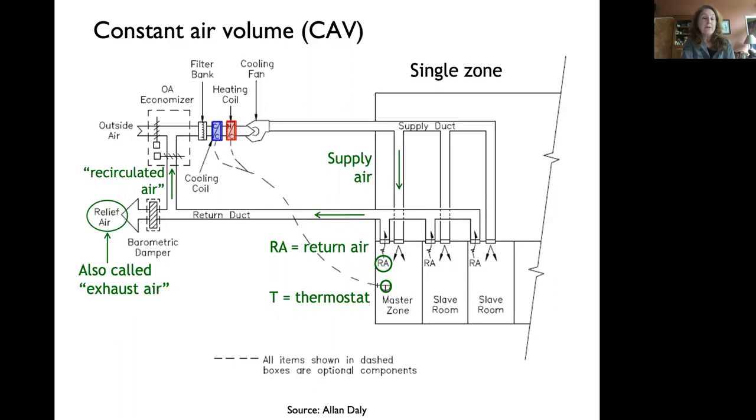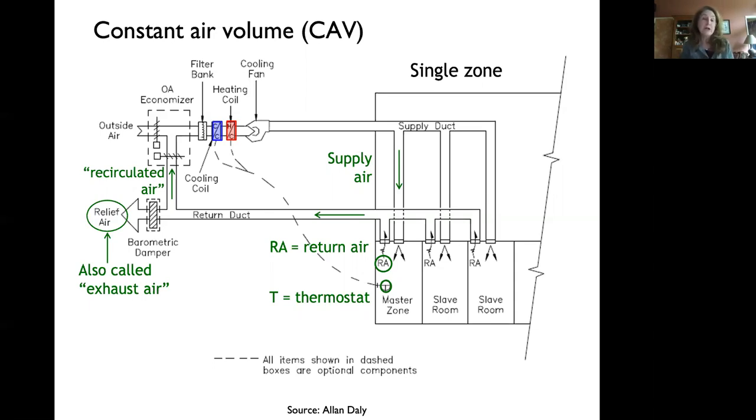And the reason it's not all recirculated is because you need some breathing air. And the reason in most buildings it's not all exhausted is that it would be great to get 100% outside air, but it would be very energy inefficient because you have to then condition all of that outside air. So if the outside air is 50 degrees, 40 degrees, and you're bringing it in to heat it up, it takes an enormous amount of energy to heat that up.